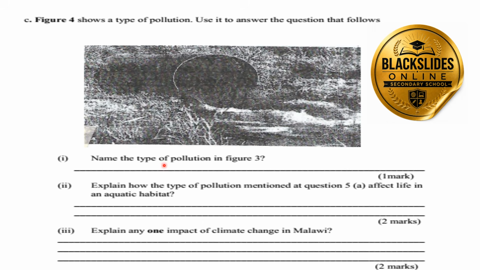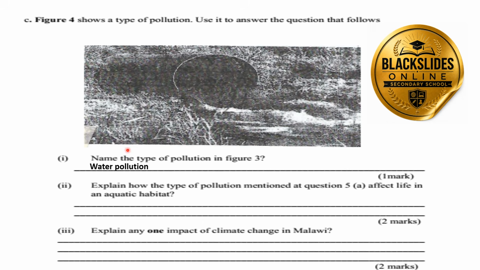So what type of pollution is this? Clearly you can see this must be water pollution. It can be due to an oil spill, or a pipe bursting and pouring its contents into the water.